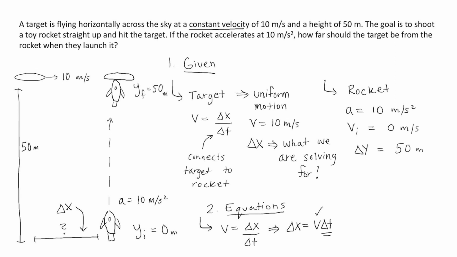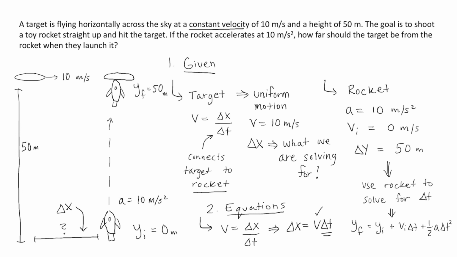So what we're going to do is use the rocket to solve for delta t. And the way we're going to do that is to find a kinematic equation for the rocket that gives us delta t. It's important to recognize that we do not have vf, the final velocity of the rocket. So we can't use a kinematic equation that includes vf. That means we have to use the yf is equal to yi plus vi delta t plus 1/2 a delta t squared kinematic equation.